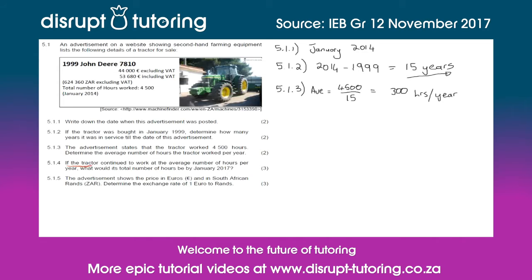Then it says, if the tractor continued to work for an average number of hours per year, what would the total number of hours be in January 2017? So it's again January, so we don't have to take the month into consideration, but for 5.1.4, we'll need to find how many years we've added.